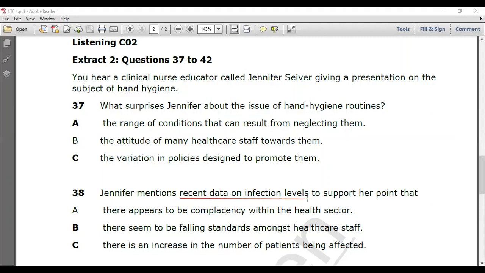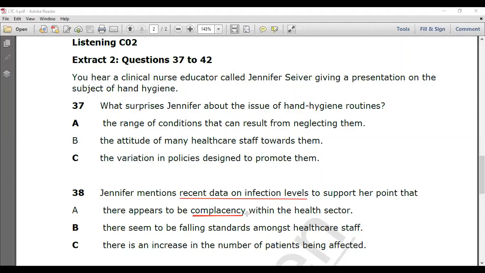Again, you go for negative words. So if you look at option A, it says there appears to be complacency within the health sector. Any idea what this word complacency means? Have you heard the word complacent, complacency?